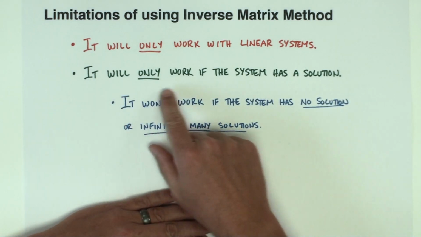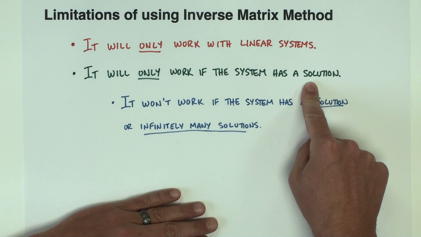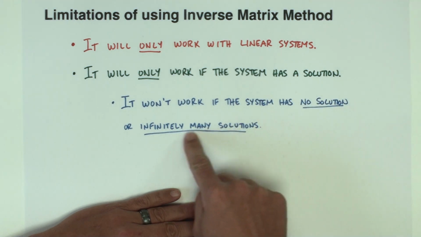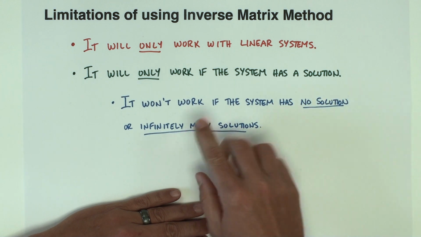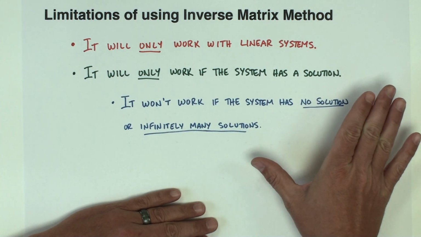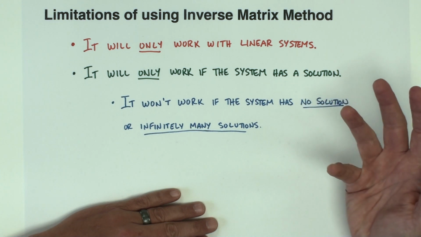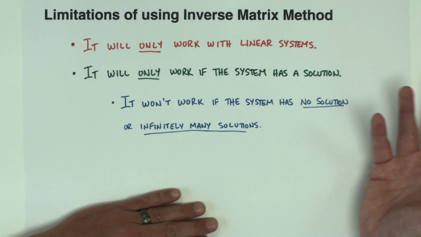It's also only going to work if the system has a solution. Okay? If I give you a system that has no solution or infinitely many solutions, then this technique is not going to work. And I'm going to show you an example of one on the next slide that returns an error that's not going to work on the calculator.